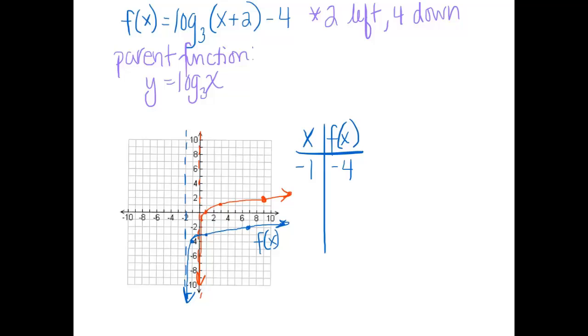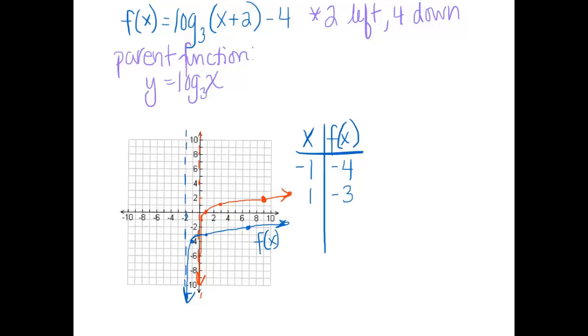So I'm doing a lot of that work actually in my head, but we just are trying to choose smart values to plug in for x. The next number I'd like to have after the log is a 3. So what do I have to plug in so that x plus 2 equals 3? And I can plug in 1. Now I have log base 3 of 1 plus 2 minus 4, or log base 3 of 3 minus 4, which is 1 minus 4, which is negative 3.